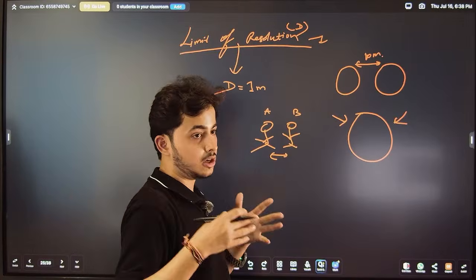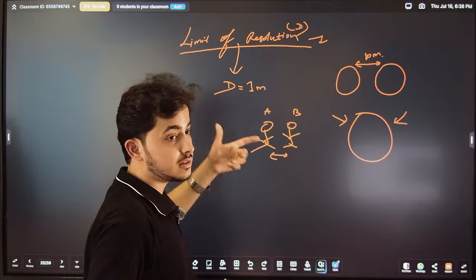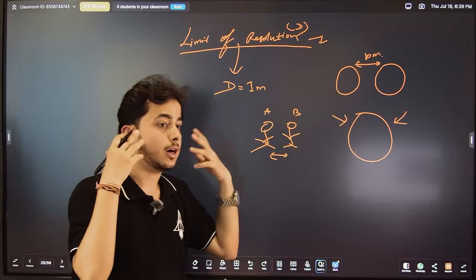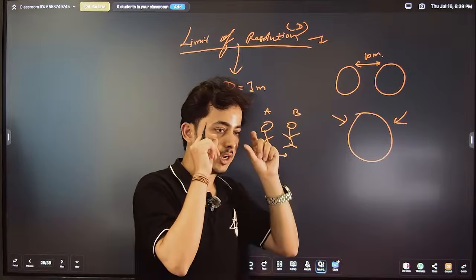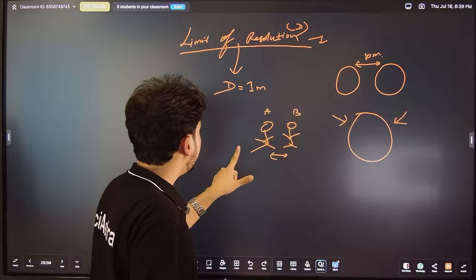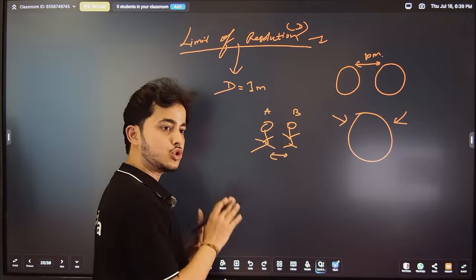So what is the reason for the limit? This limit of resolution is the limit of the magnifying power of your lens. For example, the lens of the eye can visualize two objects if they are far apart by 1 meter, minimum distance should be 1 meter.